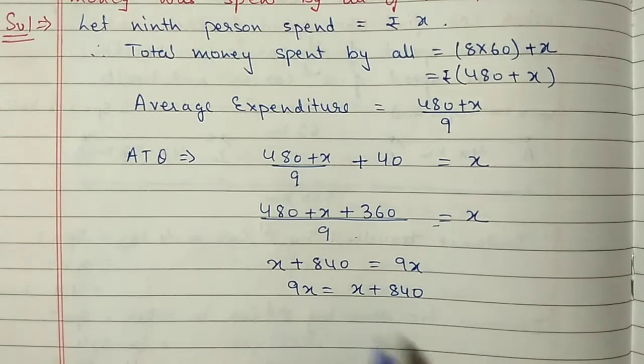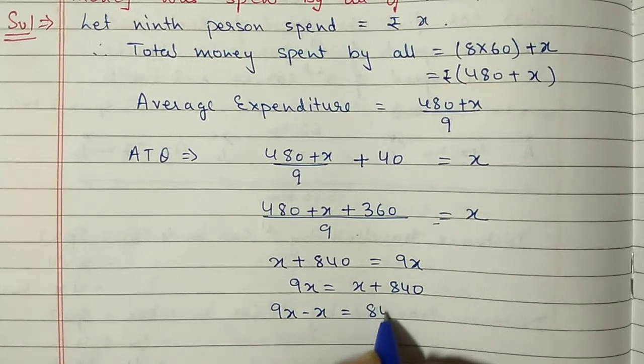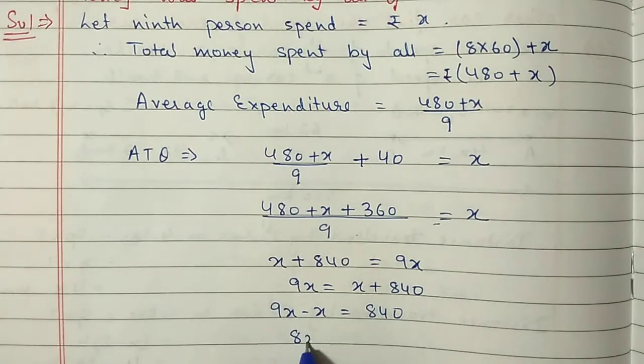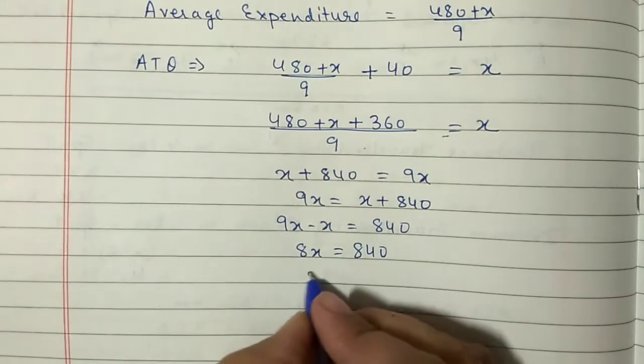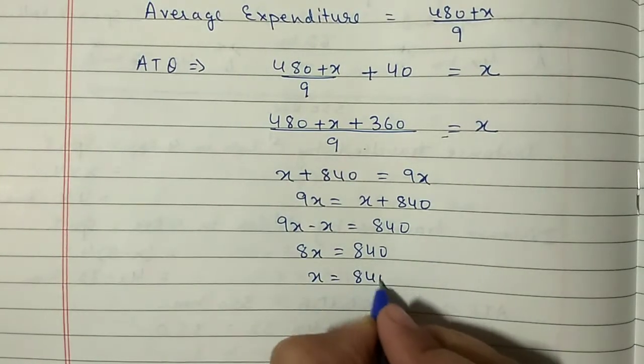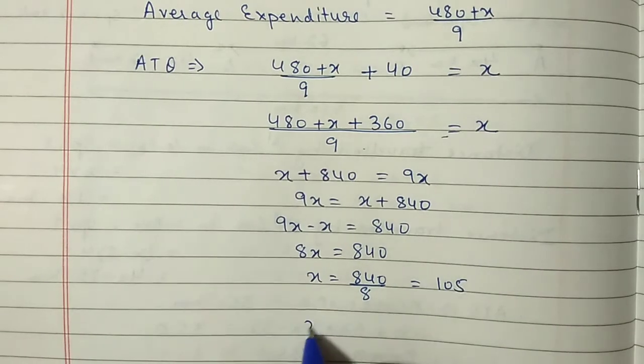So 9x minus x is equal to 840. So 8x is equal to 840 rupees. Therefore the value of x is 840 divided by 8, which means 105 rupees.